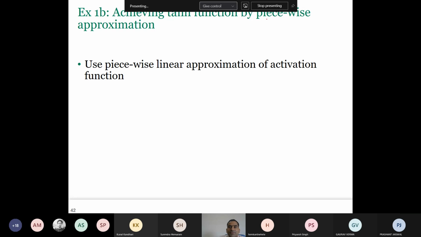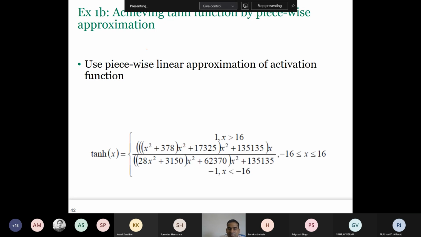Similarly, we can achieve the tanh function by piecewise approximation. As you know, computing the tanh function exactly is very costly. So here we have used this simplification that when x is above 16 or below -16, we just use the value 1. And between -16 and 16, we can use a piecewise linear approximation of the activation function.